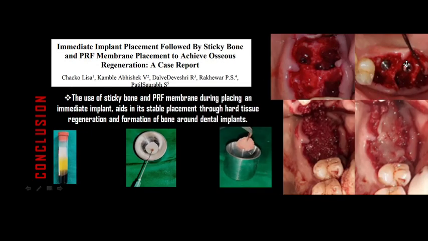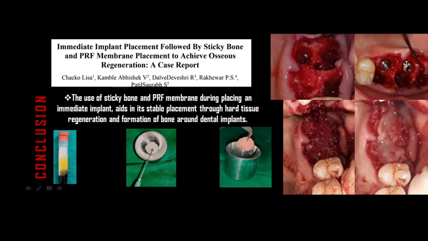Another article talks about implant placement and sticky bone placement in the extraction site, which was done in 2018. Immediate implant placement followed by sticky bone and PRF membrane placement to achieve osseous regeneration. The use of sticky bone and PRF membrane during placement of an immediate implant aids in its stability through hard tissue regeneration and formation of bone around dental implants.